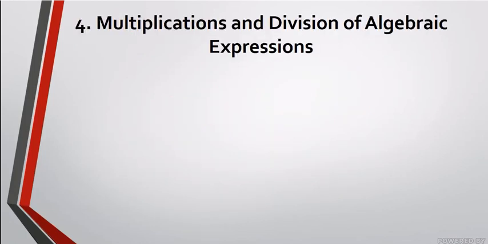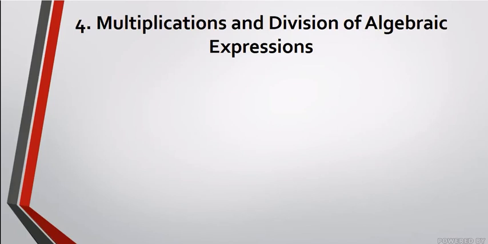Let's move on. The fourth thing we're going to be looking at in this course is multiplying and dividing algebraic expressions. Now it is necessary to reinforce that the commutative law holds for multiplying real numbers and algebraic terms.